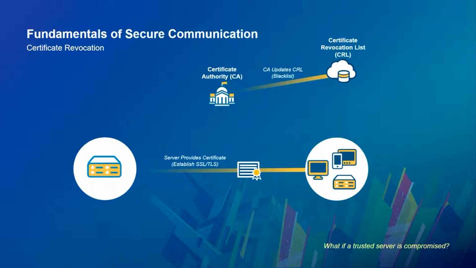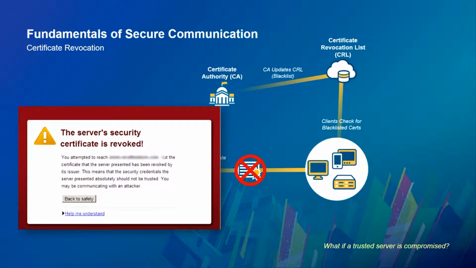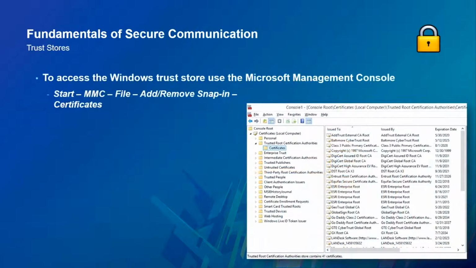When the client tries to talk to the server, browsers have the smarts to check the CRL for this certificate authority. If it's been blacklisted, your browser won't even proceed. Most browsers won't even let you say proceed anyway. It totally blocks it if it's made it onto a CRL.